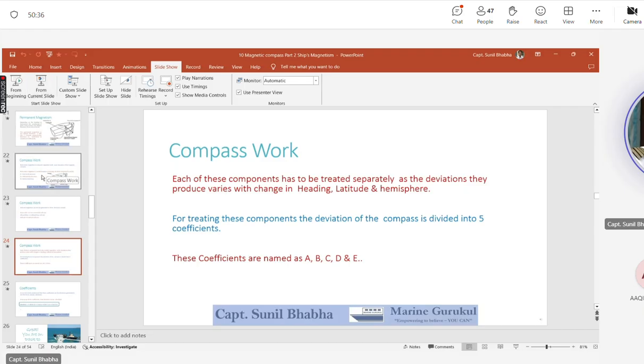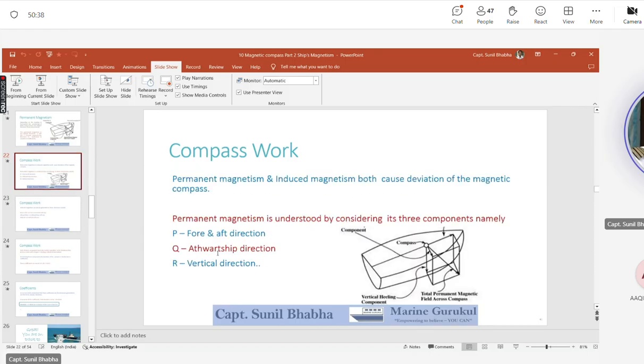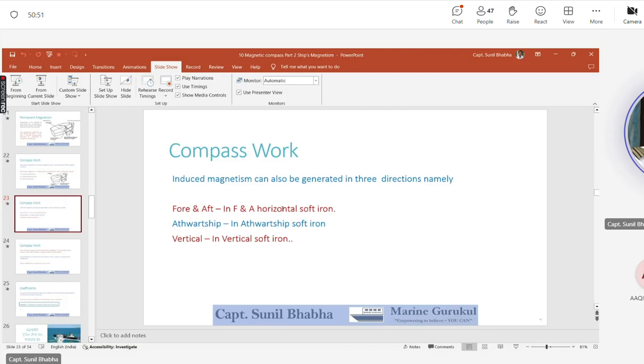Beta, the 6 factors we saw earlier: that is permanent magnetism 3 parts, P, Q and R. These are basically 3 vectors or 3 forces which generate deviation. And what we saw in vertical soft iron, that vertical soft iron can be in the fore and aft orientation, outward shift orientation or vertical orientation. These are again 3 different forces which can generate the deviation.